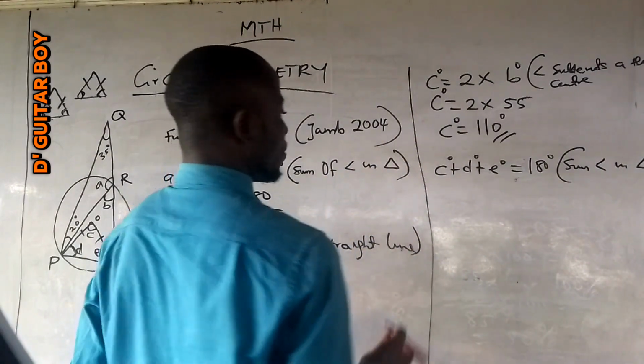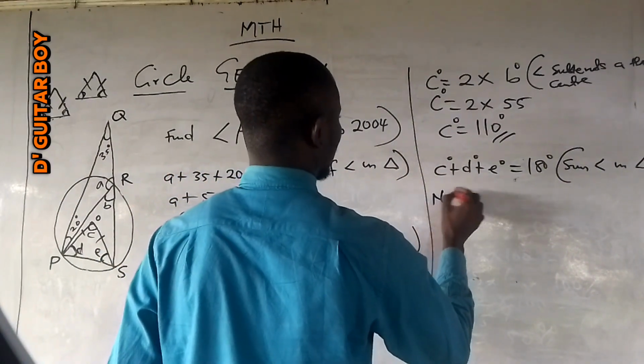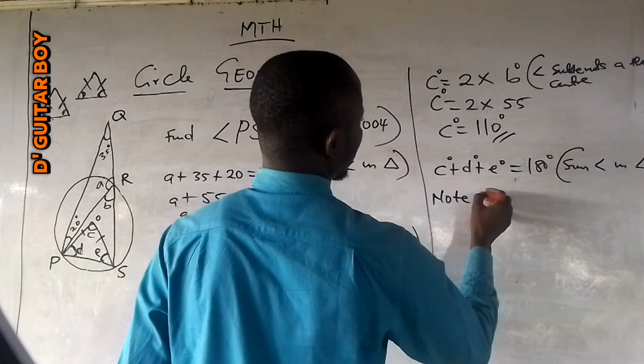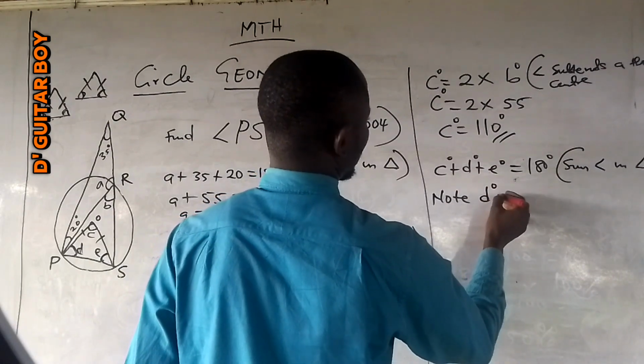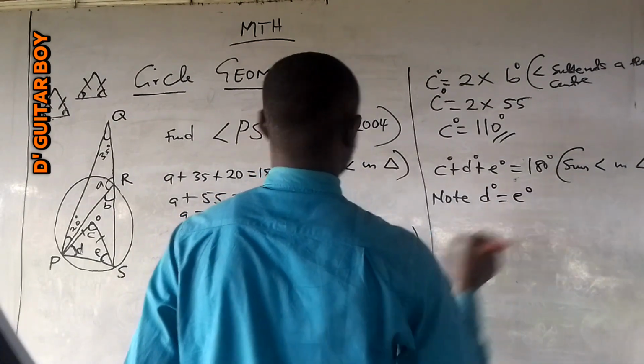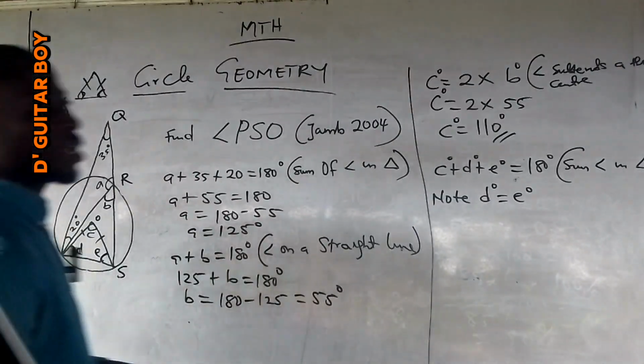Remember, note that angle D is equal to angle E, because of the base angles of an isosceles triangle, I explained that before.